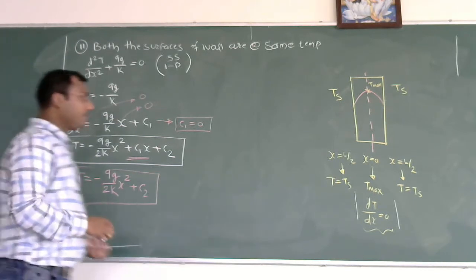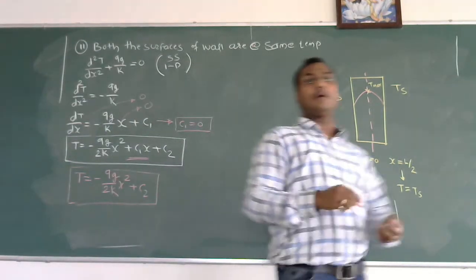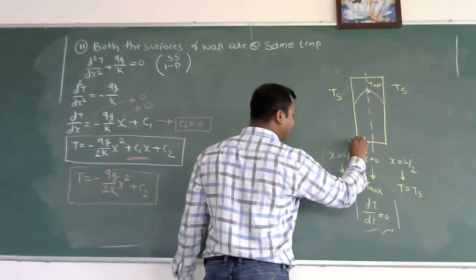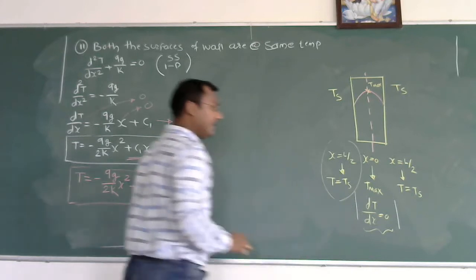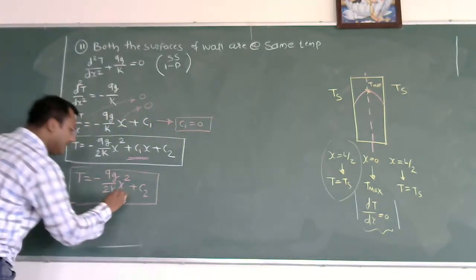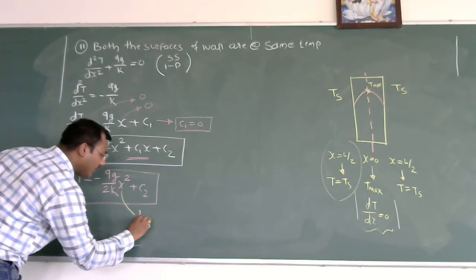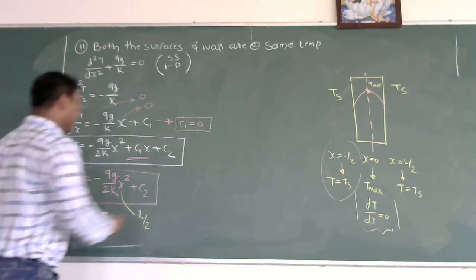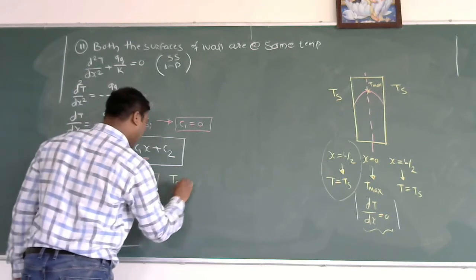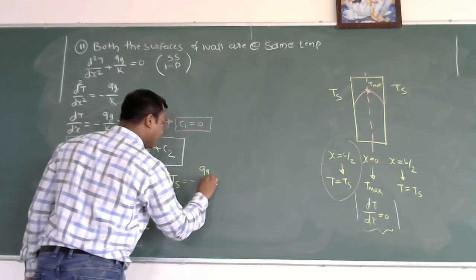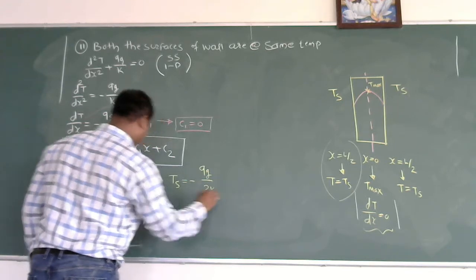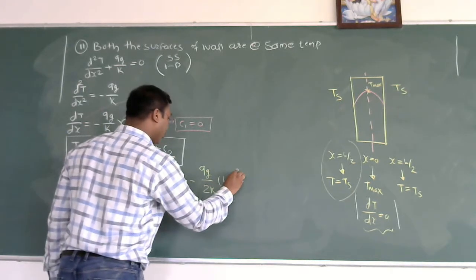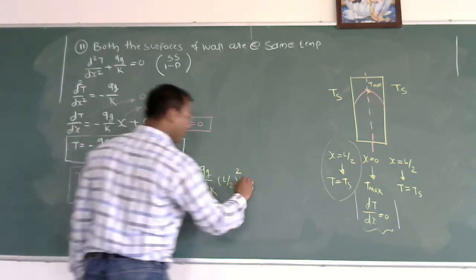For c2, now I have a different boundary condition. The boundary condition for c2 is that I can use x is equal to L by 2, T is equal to Ts. So if I put this boundary condition, I will get Ts is equal to minus qg divided by 2k, then this x will be L by 2, so L by 2 square, plus c2.